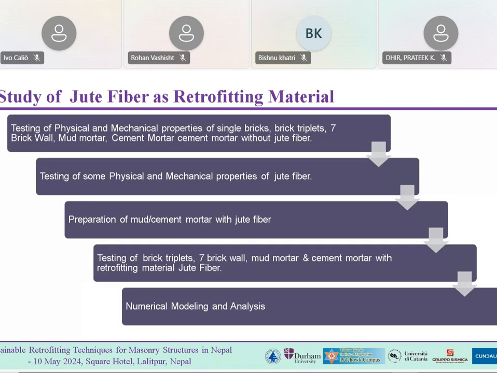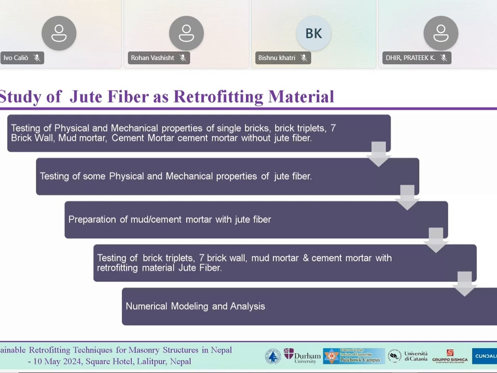First of all, we are testing some bricks from old demolished buildings. Actually, we are talking about retrofitting, so most of the buildings must be old. So we are testing the mechanical properties and some physical properties of bricks from buildings that were damaged in the 2015 earthquake.